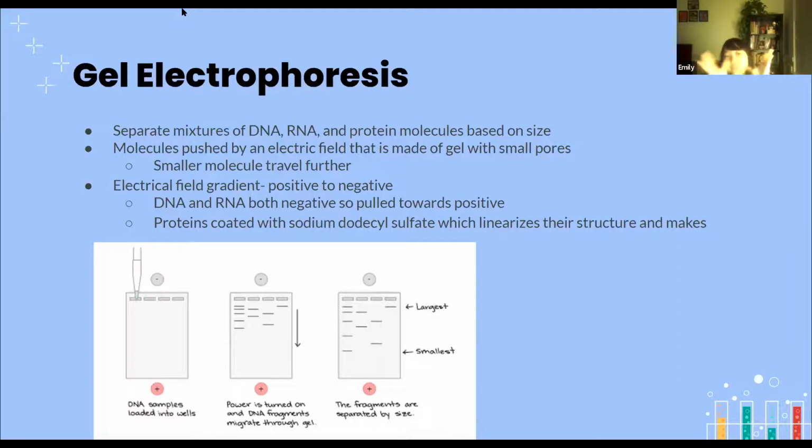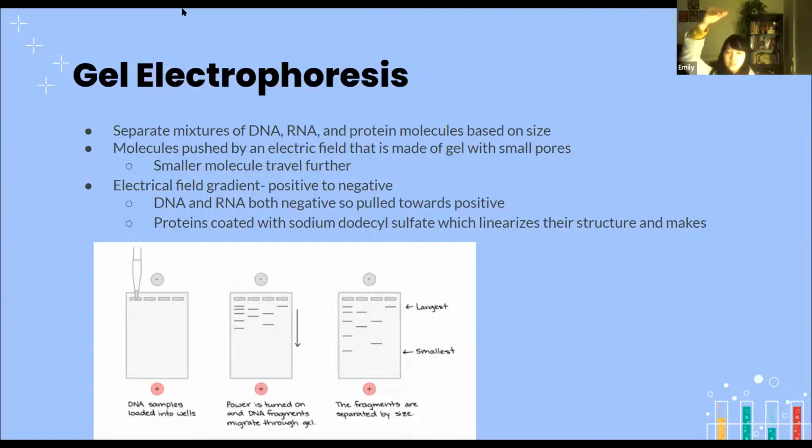So basically all of these molecules are put on this sheet, as you see in the bottom left. I did not forget my right and left. And then you put them into the small little containers, and an electric field is pushed. On the other end, it's positive.